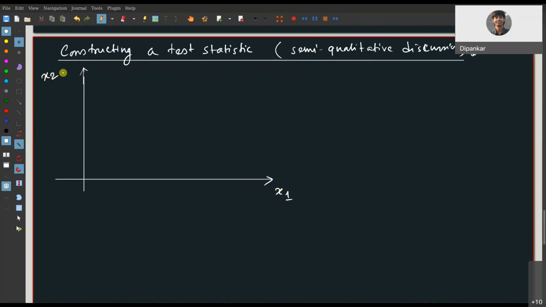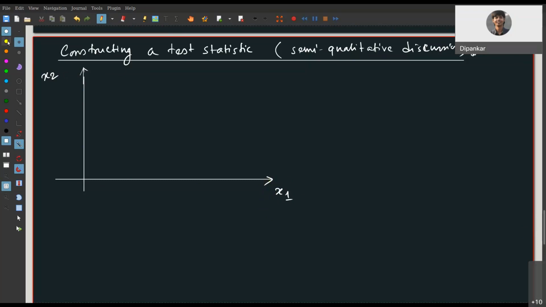Remember, this is not a statistical distribution, this is data. So this is a multi-dimensional measurement here. Suppose in that fishery, you are measuring the length of the fish and let's say the width of the fish.